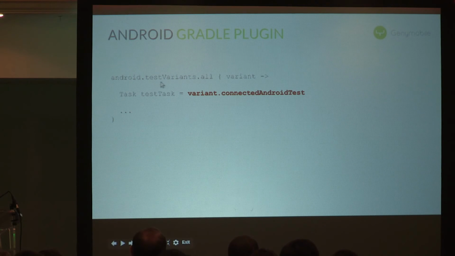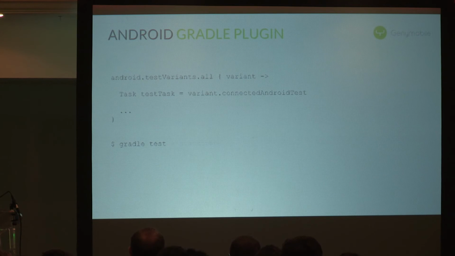In the Genymobile plugin, android.testVariants.all, you get the variant and you extract the test task. The test task is where we want to inject our task, before and after. And the documentation said there is the variant.connectedAndroidTest value, where we can get the task we want to use. Okay, that's all from the documentation.